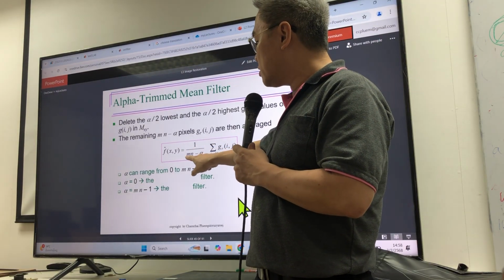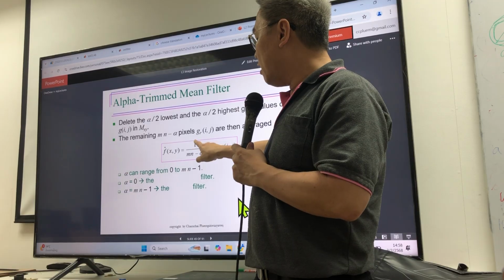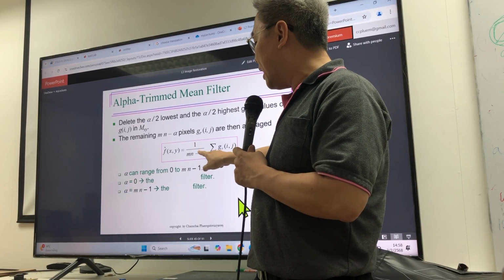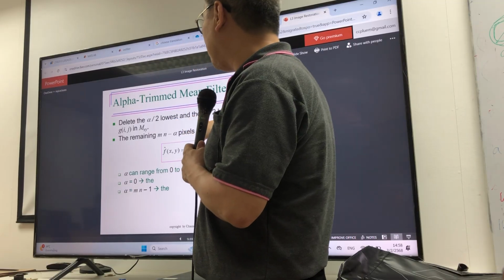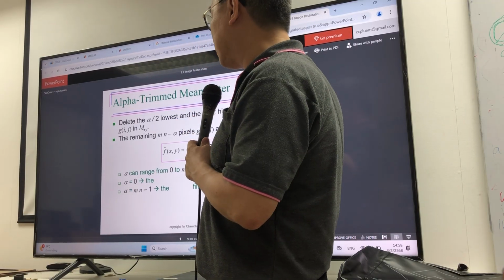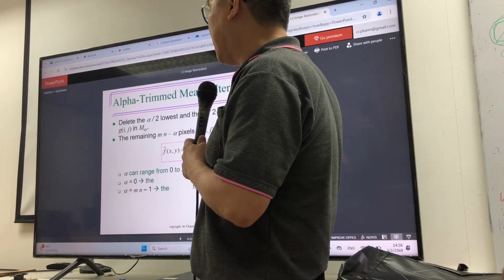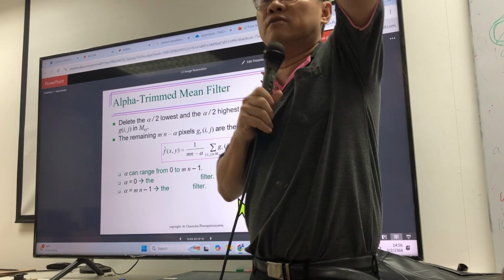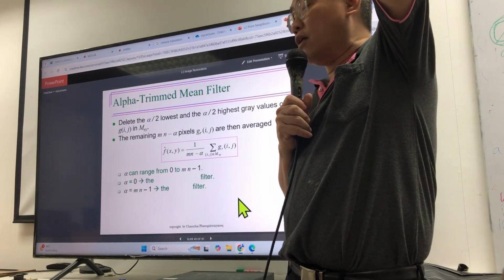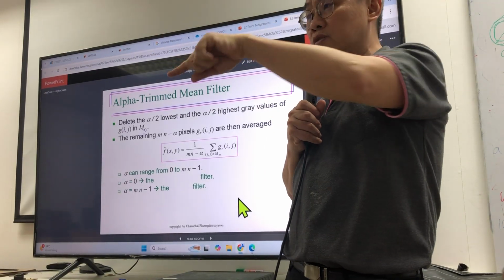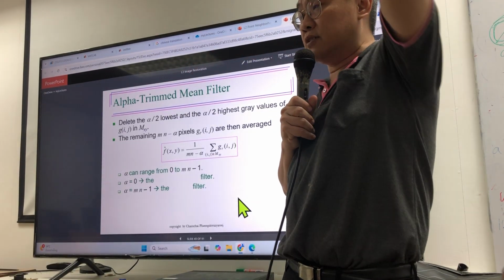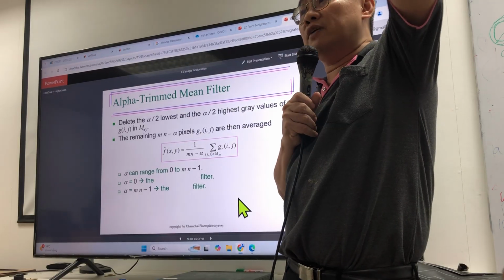If all the pixels is mn, you take all the pixels minus alpha. Alpha over 2 of the lowest gray values and alpha over 2 of the highest gray values get removed. It's like you have a window of m times n pixels, you arrange them from highest to lowest, and you get rid of the outliers.